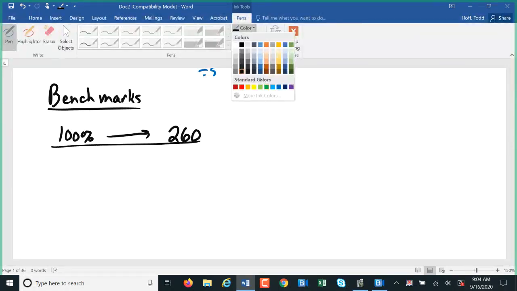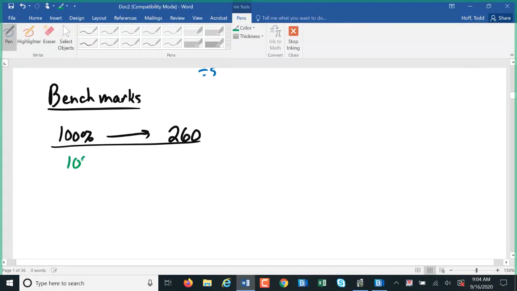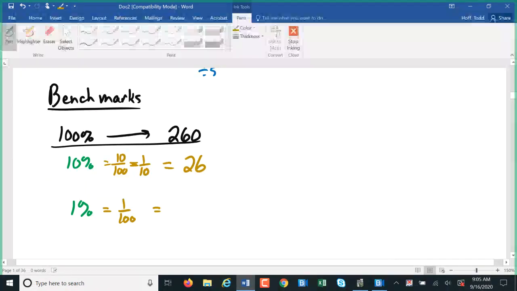Well, common benchmarks are 10% and 1%. 10%, of course, is 10 out of 100, or 1/10. Well, to find 1/10 of something, we just move the decimal point a spot. 10% of 260 is just going to be 26. Well, 1% is 1 out of 100. To find 1/100th of something, we just move the decimal 2 spots. That's 2.6.